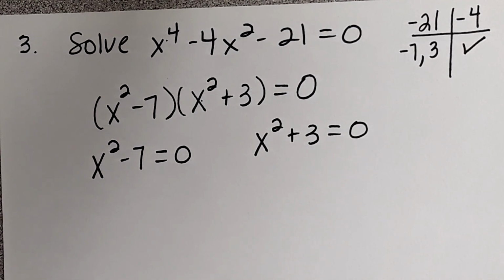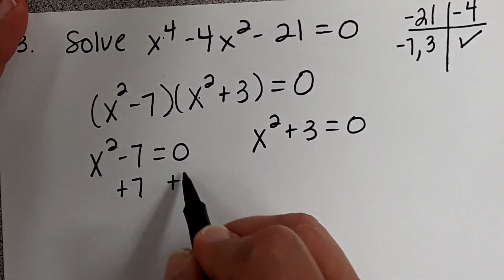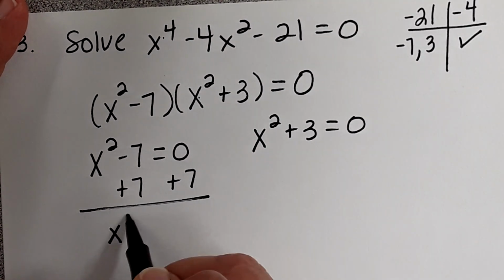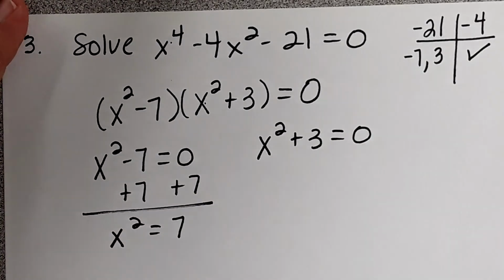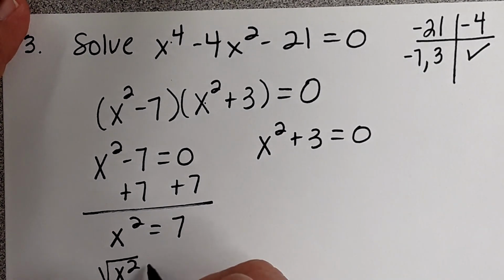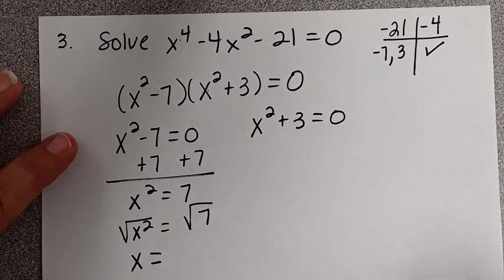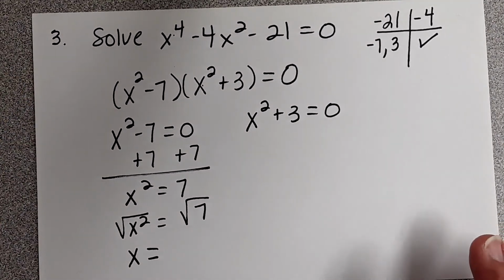So now what do I do? Well, what do I have to do first? Now what do I do? Now I take the square root of both sides. And how many answers do you get when you take the square root of something? 2.